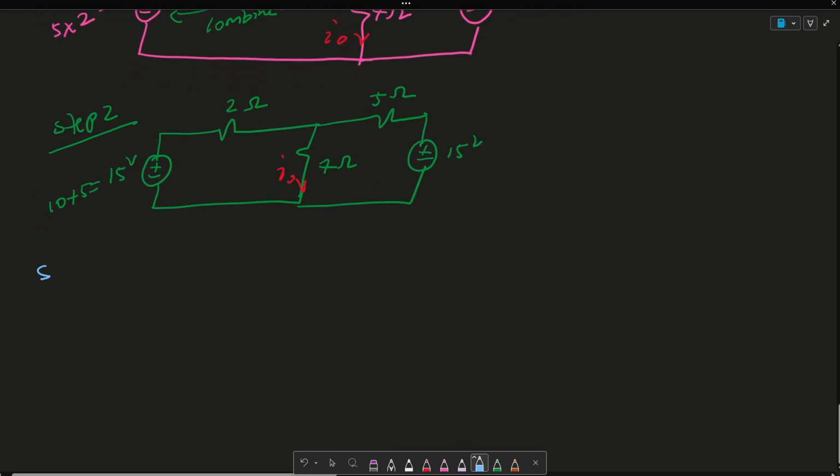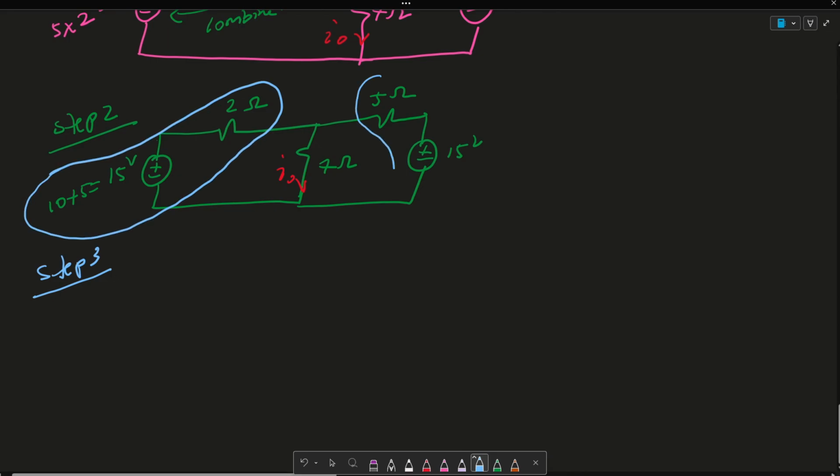So step 3, I'm actually going to rearrange this back into current sources. And again, using some analysis, you can find IO from this point using nodal analysis or mesh analysis. But since this is a source transformation video, let me go ahead and do another source transformation so I can really bring home the point.